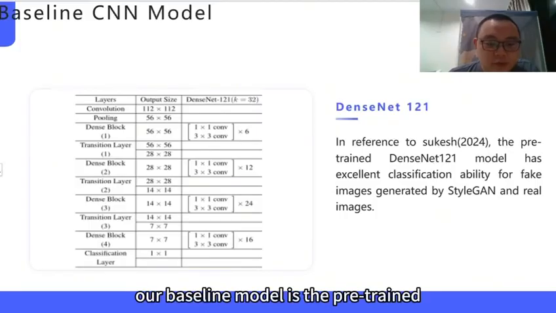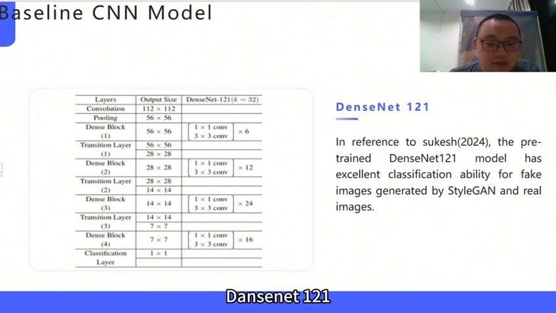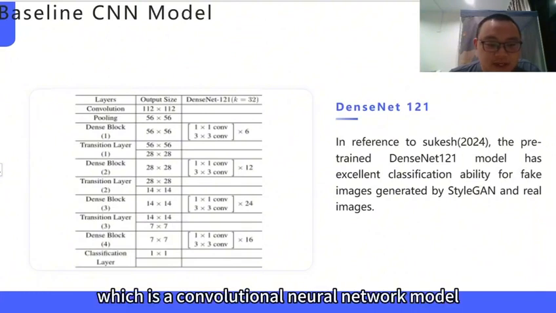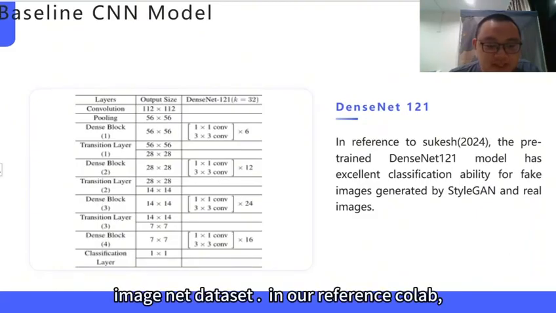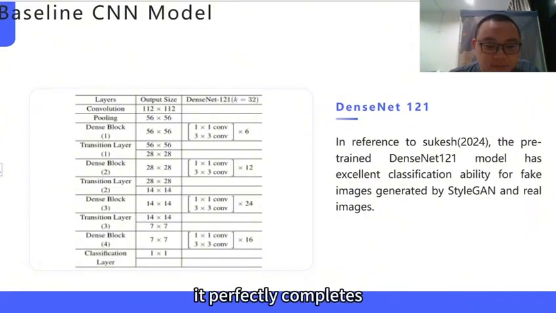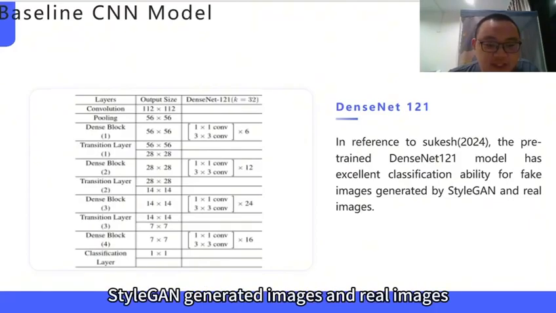Our baseline model is the pre-trained DenseNet 121, which is a convolutional neural network model trained on the ImageNet dataset. In our reference lab, it perfectly completes the task of classifying style-generated images and real images.